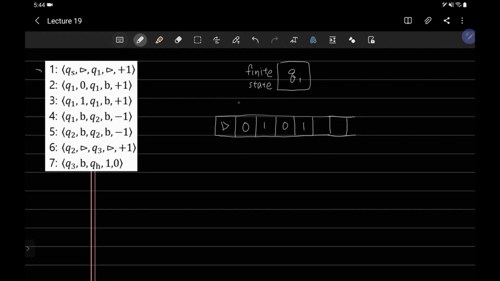So this will be moved to like this one, like here, and this situation can also be represented by the finite state diagram.